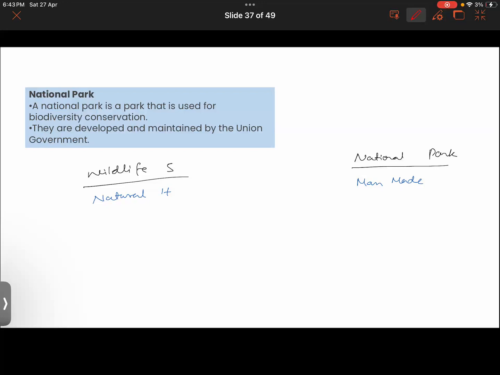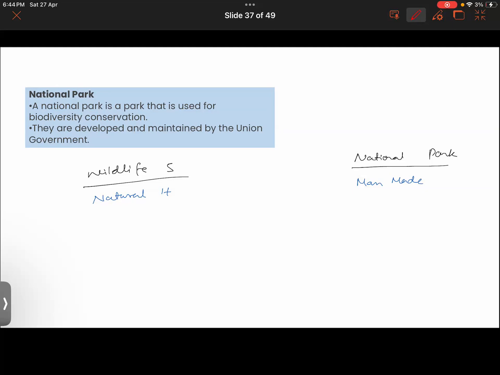A wildlife sanctuary is basically not meant for recreation and enjoyment of the people. It's solely for conservation of animals. While in a national park, in addition to protection of the animals, it also serves the purpose of recreation and enjoyment for the people, and serves the educative interest of the public.